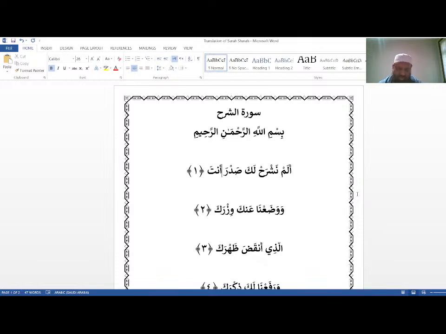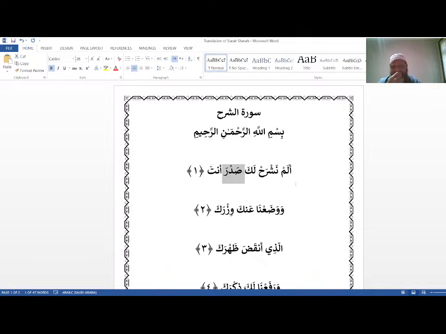Sadr anta. Now, anta is the damir of rafa case. So any damir that comes or is attached with an ism will always be mudaf ilayh.